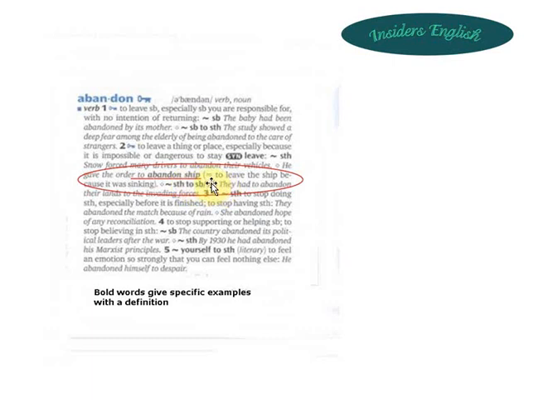Right next to it, we have a little equal sign, which means this phrase means to leave the ship because it was sinking. If we look back at the example sentence, we can discover a new meaning for abandon. He gave the order to abandon ship.